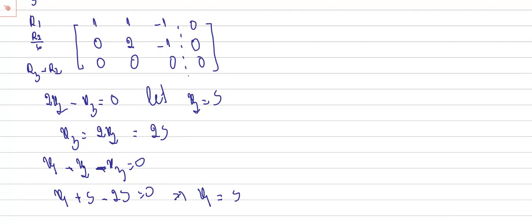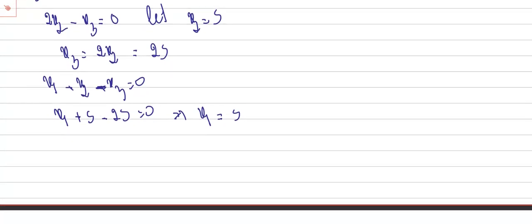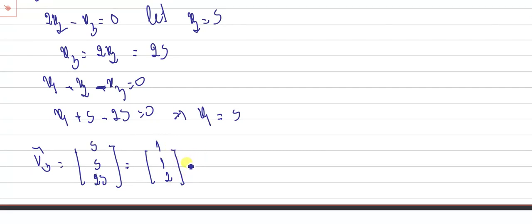Now we find the eigenvector. So I just write v3. v3 is equal to x1 is s, x2 is s, and x3 is 2s. I factorize out s, I get 1, 1, 2, and this one is s. So v3 is equal to 1, 1, and 2.